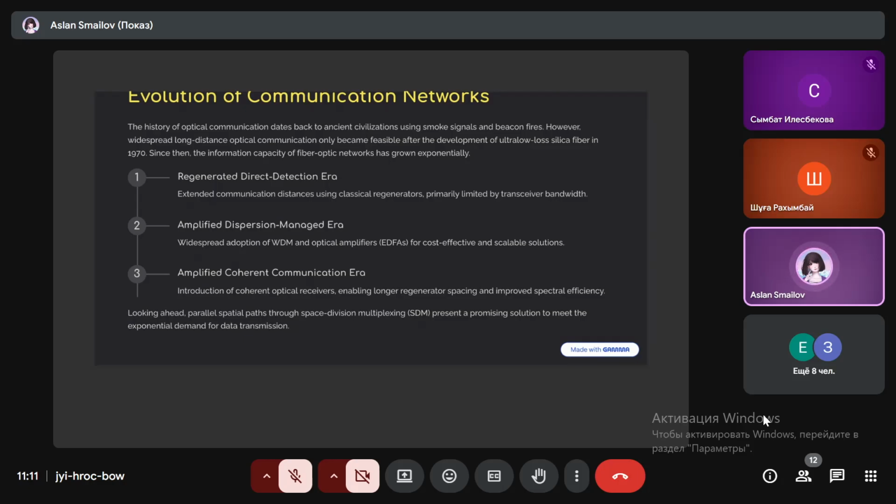Third one is the amplified coherent communication era, the introduction of coherent optical receivers, enabling longer regenerator spacing and improving electrical efficiency. Looking ahead, parallel spatial paths through space division multiplexing present a promising solution to meet the exponential demand for data transmission.